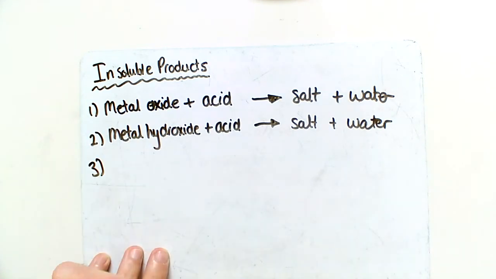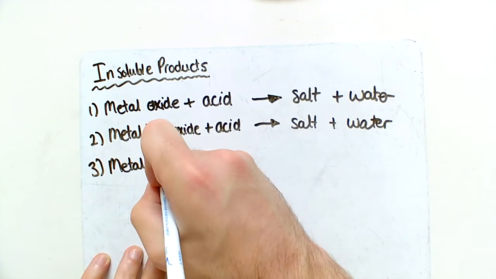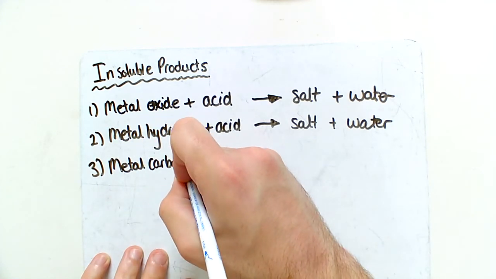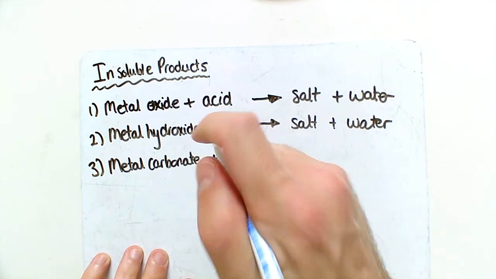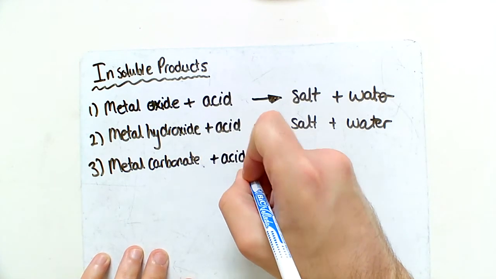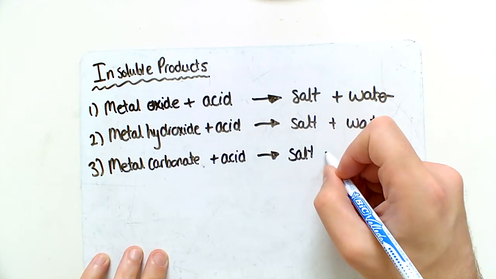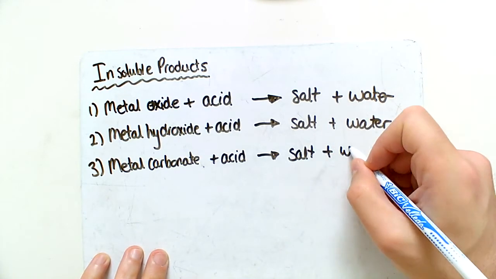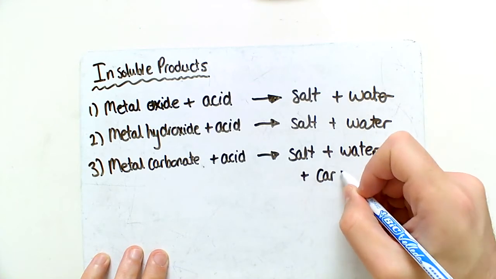And what we'll be looking at again is metal carbonates plus acid produces a salt plus water plus carbon dioxide.